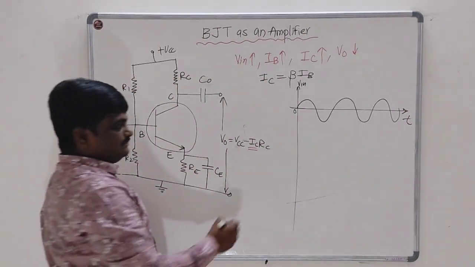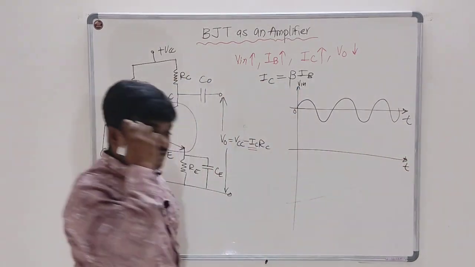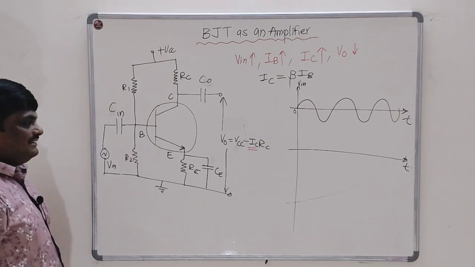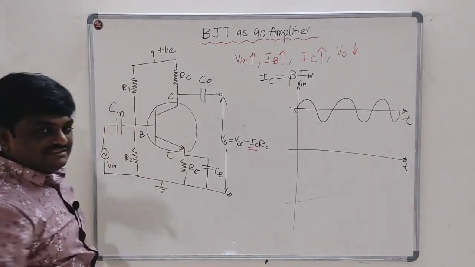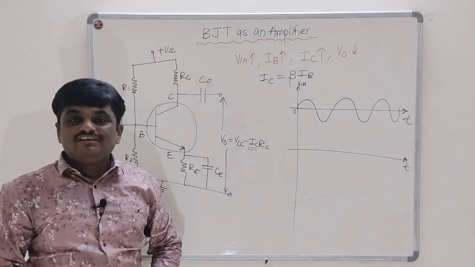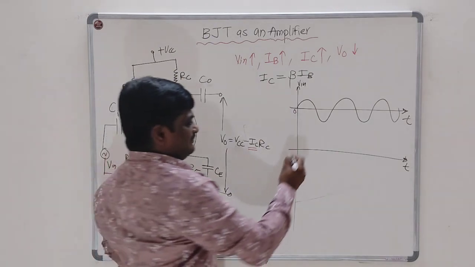Corresponding to this input, there will be a flow of base current, but this base current will not be purely AC, because due to the biasing of this transistor, there will be some DC level of base current, above and below which the base current will fluctuate.